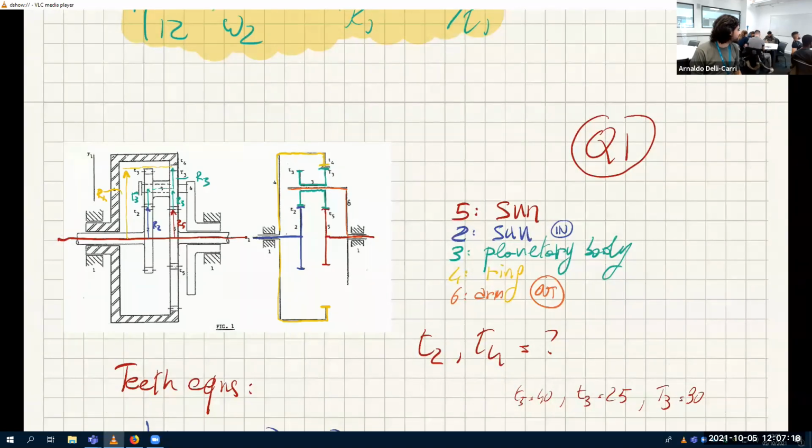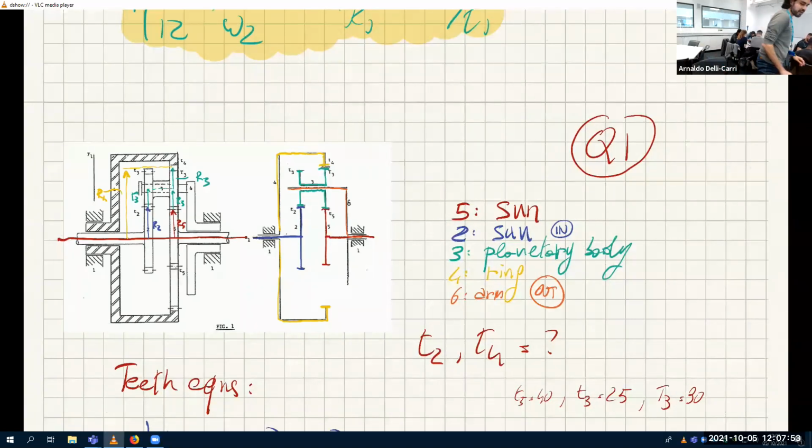So R5 plus R3, R2 plus R3 equals R4. But they're not the same. If you do R5 plus R3, you get to the middle of the shaft 6. Because if you start from 2, the only way to get to the middle of the shaft is the smaller R3.